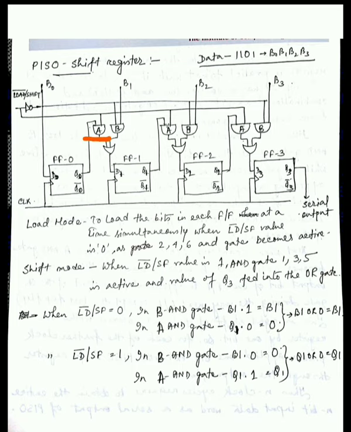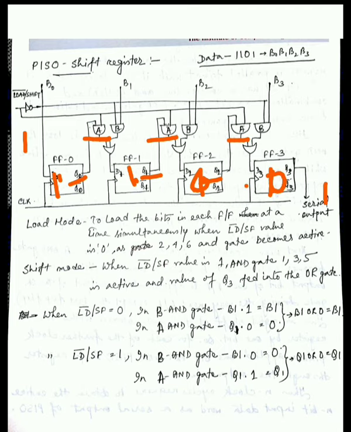Whenever gate A is active, the value of the previous flip-flop, that means the output, as we discussed earlier, goes into the next flip-flop. So if it is 1 1 0 1, whenever shift is 1, 1 goes here, 1 goes here, 0 goes here, and we get output 1 here.